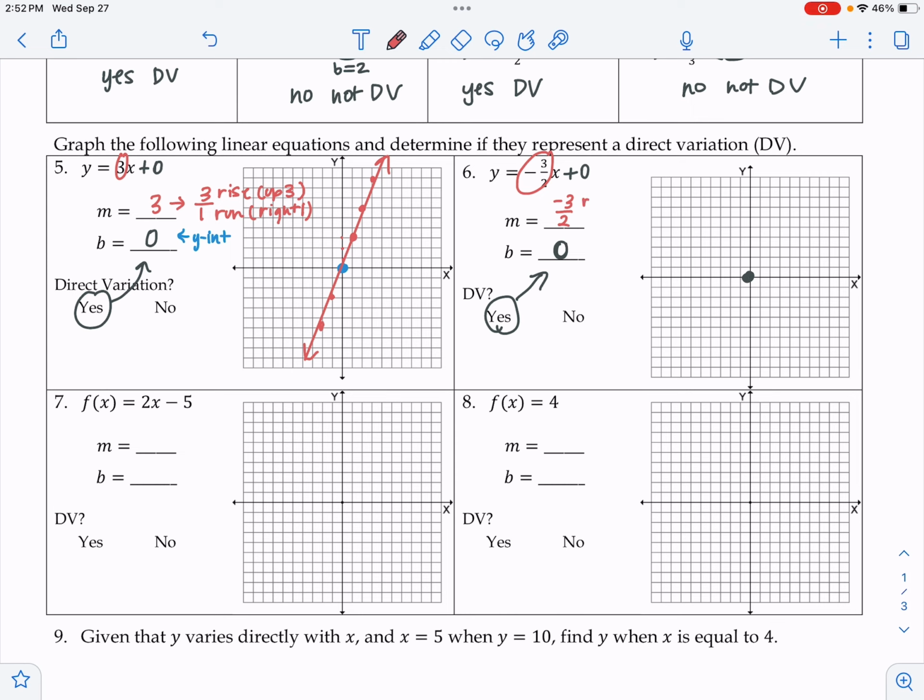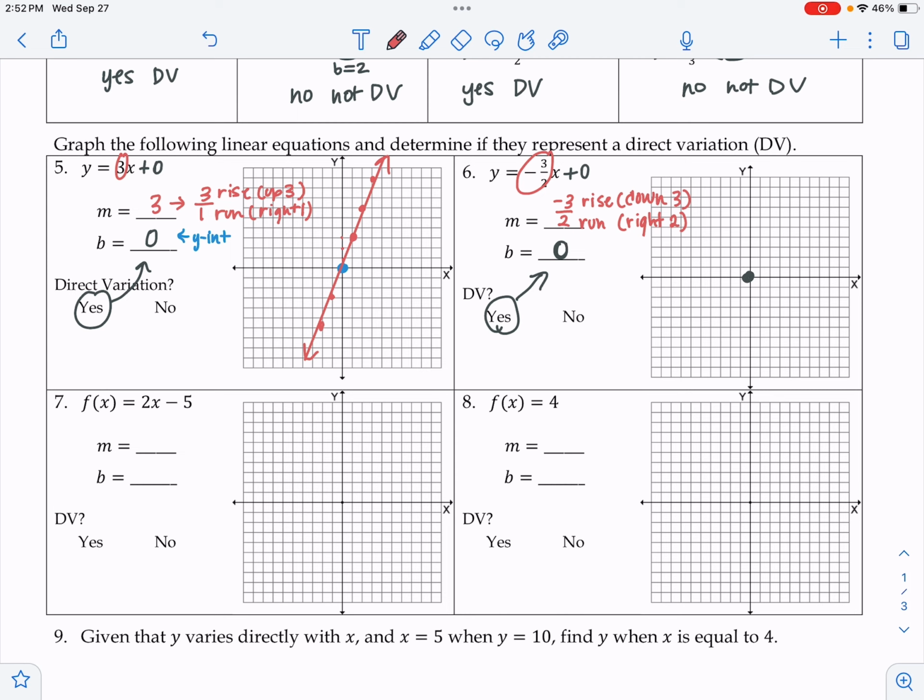And then the negative means we are going down 3 for our rise, but we're still going to run to the right 2. You don't want to put the negative on both the 3 and the 2 because then they would cancel each other out. And so move the negative to the top and just leave it on top.